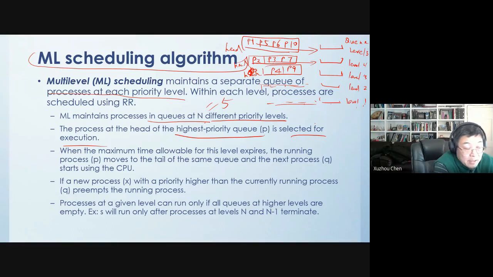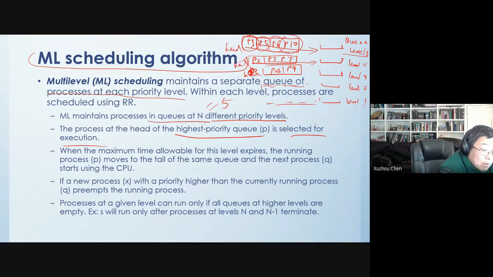Now the operating system scheduler is going to check the highest priority level, and it will pick process 1, which is at the header of the highest level queue, and then I can execute process 1. Once process 1 finishes the job, then I pick process 2 or process 5 and process 6 and process 10.